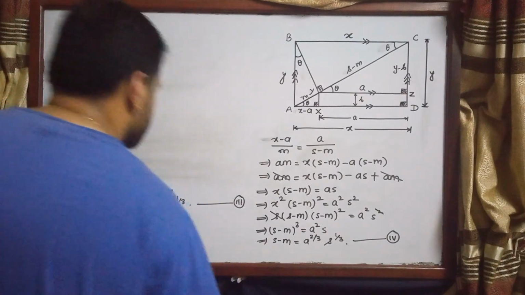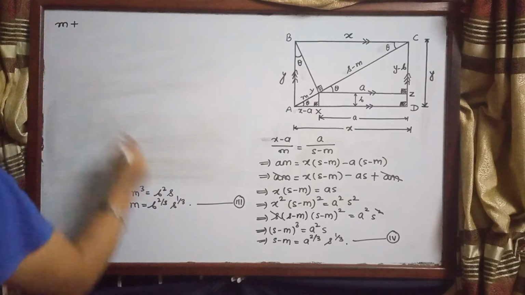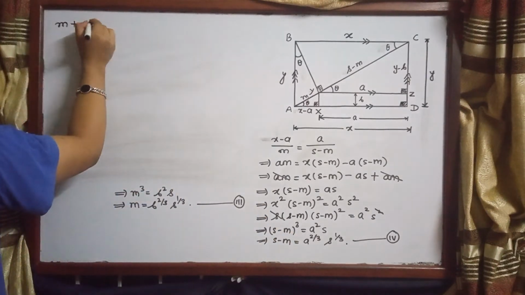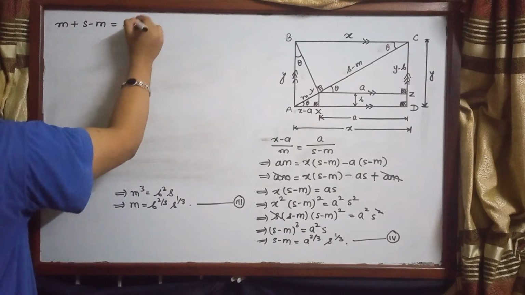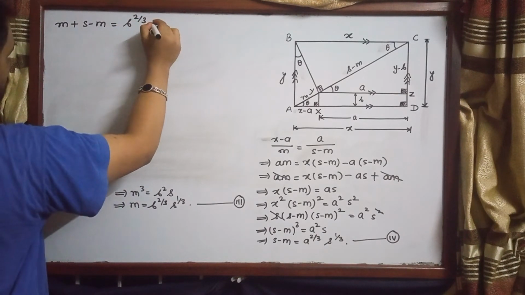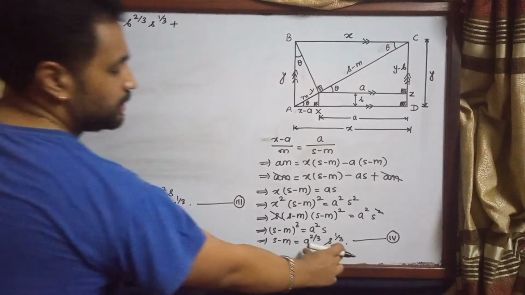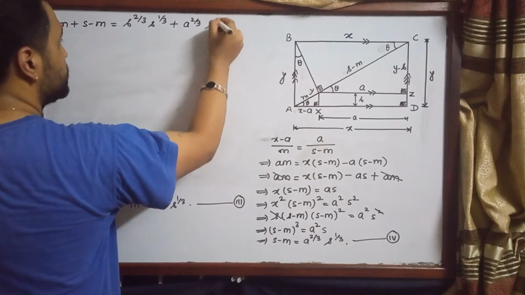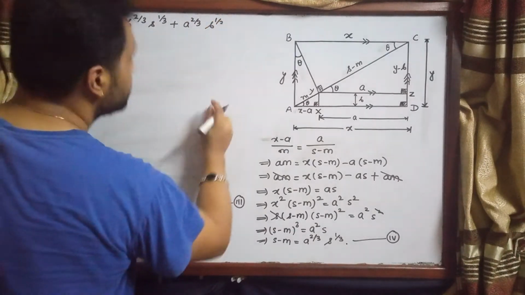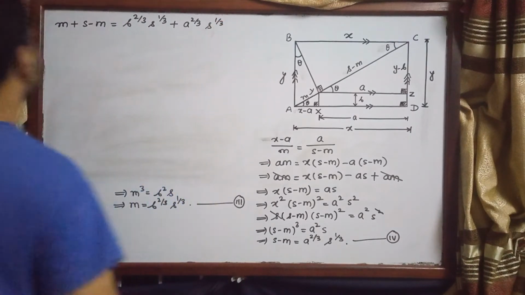Now let's see. 3 plus 4 means m plus s minus m is equal to b raised to the power 2 over 3, s raised to the power 1 over 3, plus a raised to the power 2 over 3, s raised to the power 1 over 3. Okay?